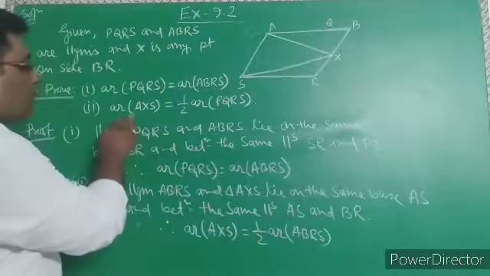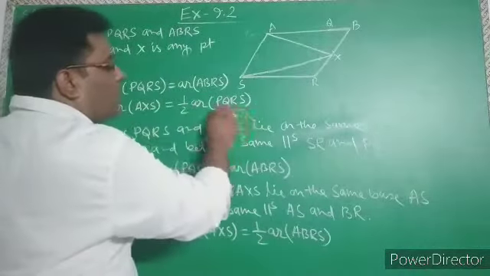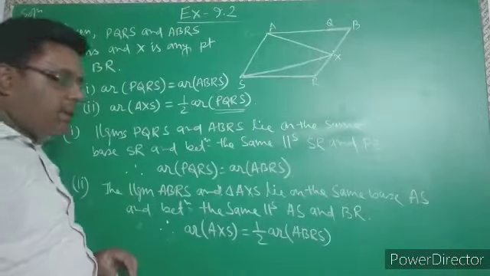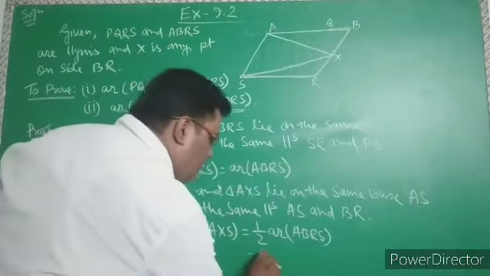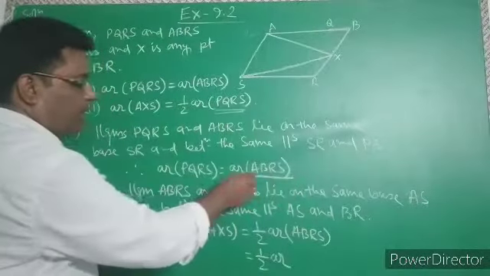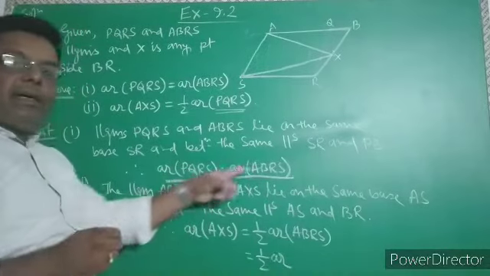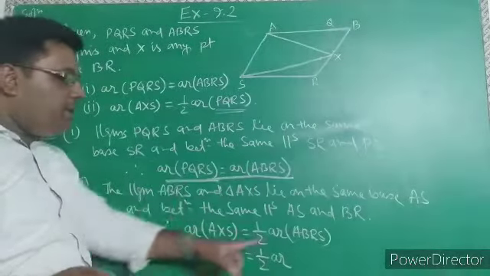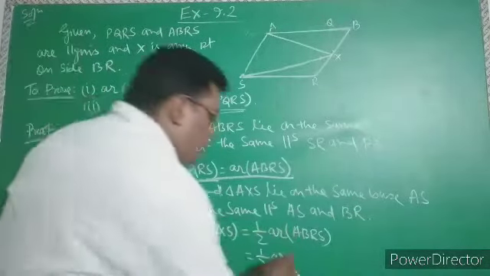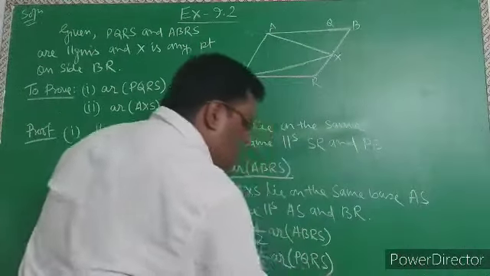Now, we have to show that AXS is equal to half area of PQRS. Here area of ABRS and area of PQRS are the same. So in place of ABRS, we can write PQRS.